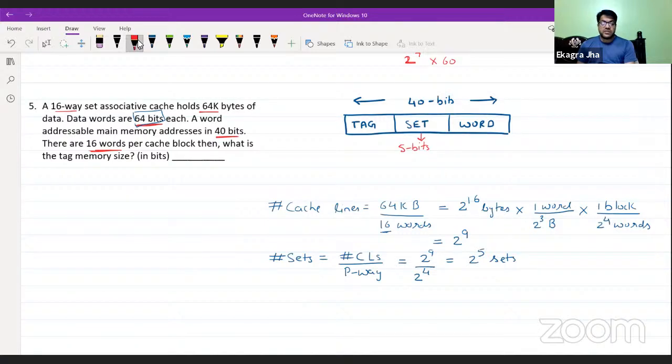That means log of 32 at base 2 gives you 5 bits. Word is depending on the block size, which is actually 4 bytes, sorry, 4 bits. And the remaining are the tag bits. So 9 going makes tag bits as 31.